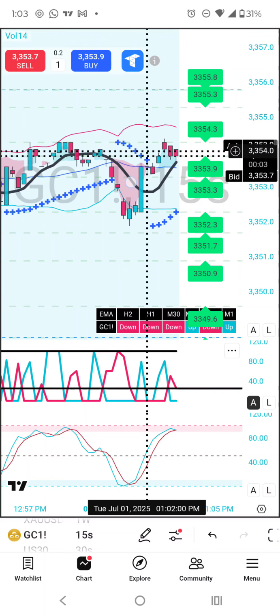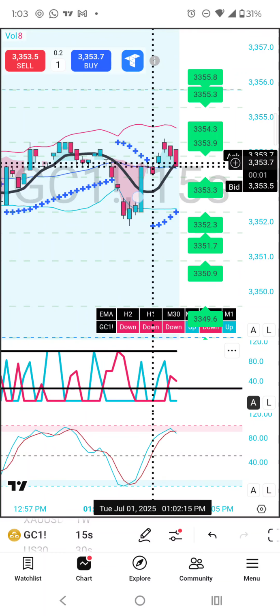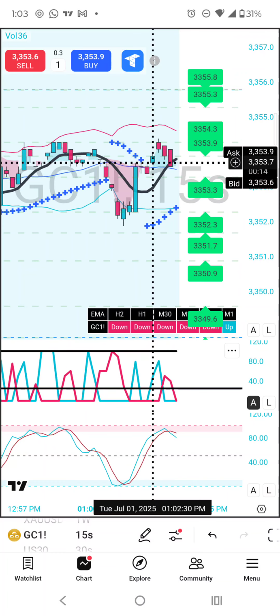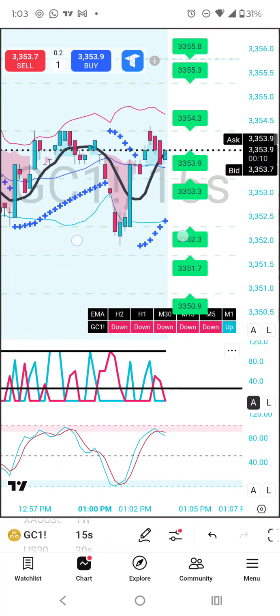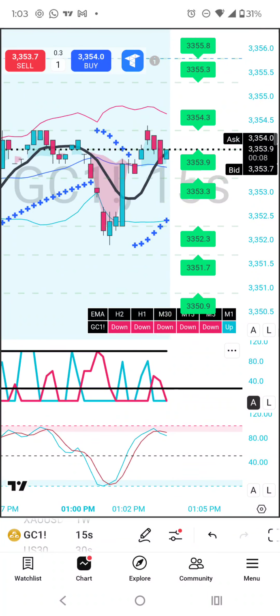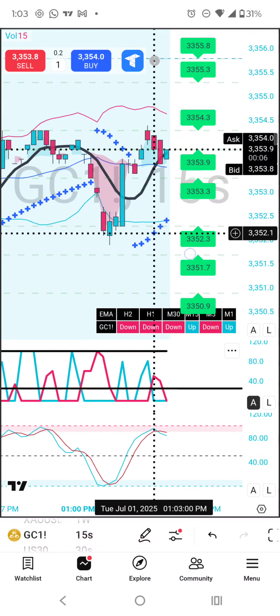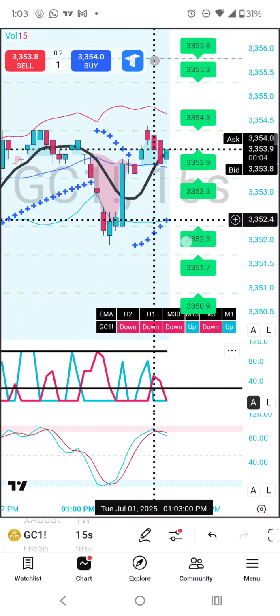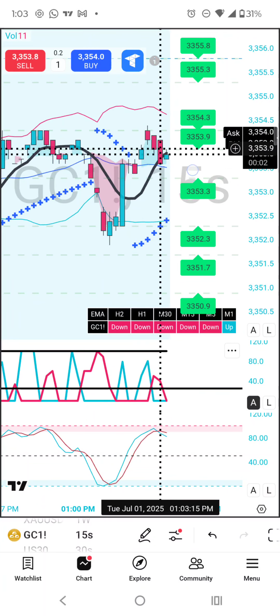The closer that these are, the weaker that trend is, right? The further that these are from price, the more pressure it is, right?